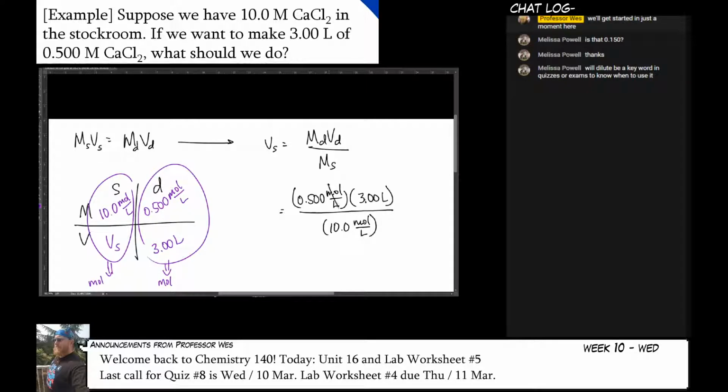And what you'll notice is that all the units cancel out except for the volume, which is what we're solving for anyway, right? If we're solving for a volume, I should end up in liters. And what I get is this volume.